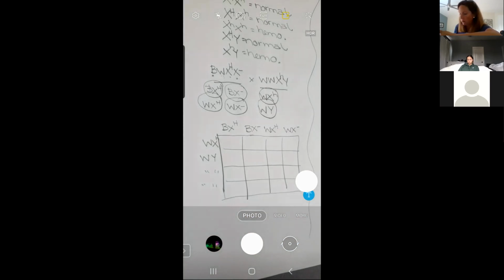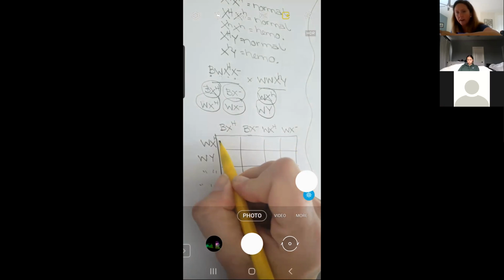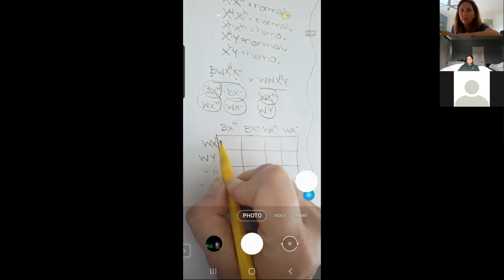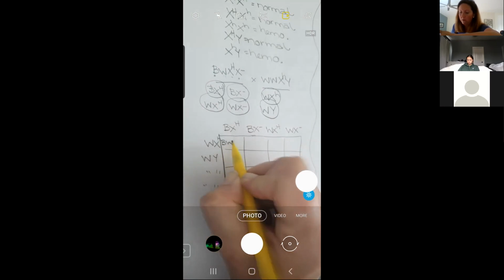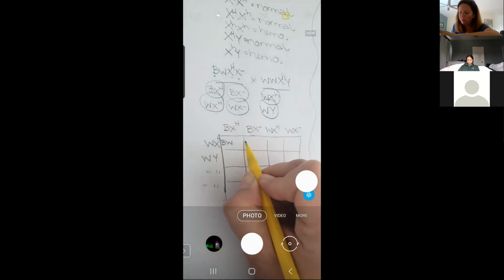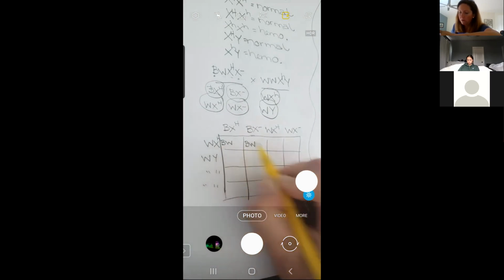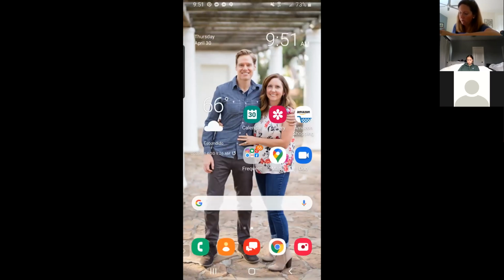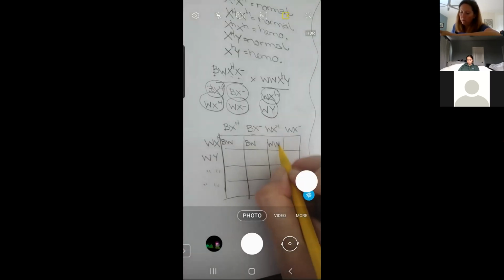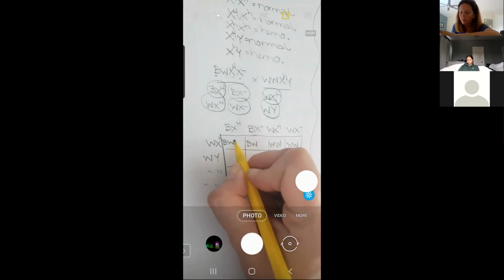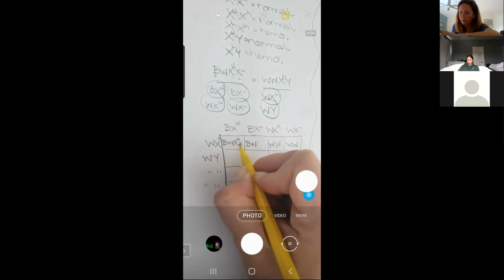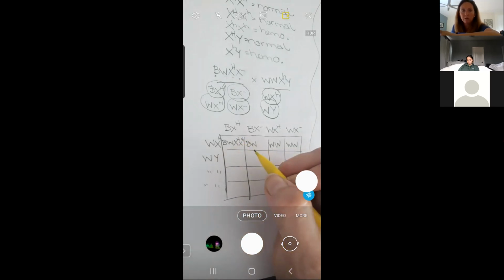Okay, so filling this sucker in, keep your B's and W's together. It's going to make it a lot easier later on. So BW all the way across, BW, WW, and WW, and then now we deal with the X's. So this one's going to have 2 X's with capital H's attached to both.